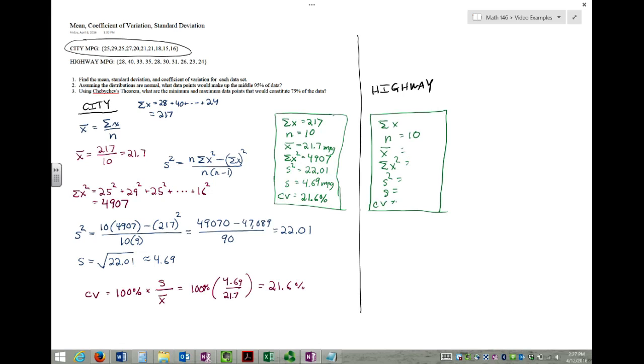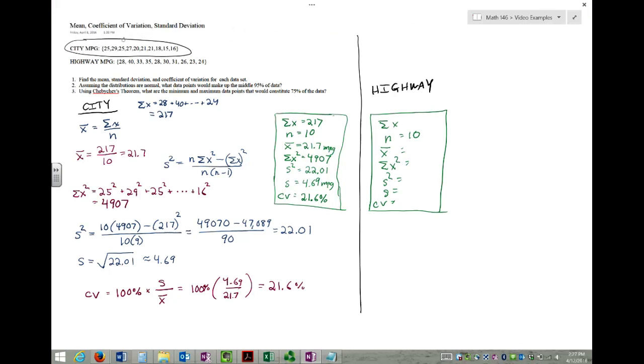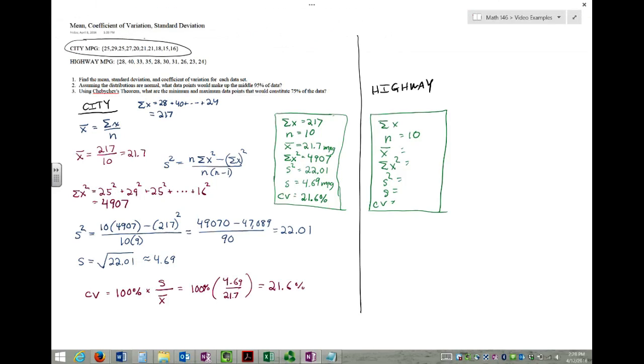Okay, so let's see how you did. For the sum of the data, you should get 298. So 298 divided by 10, that would be 29.8 miles per gallon for highway.